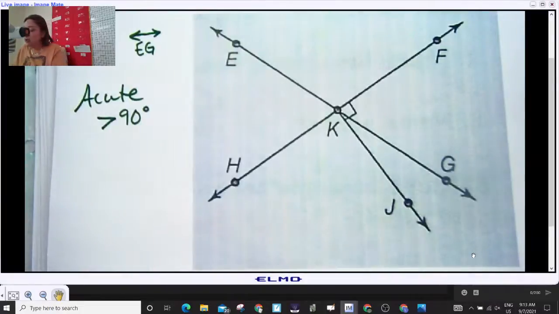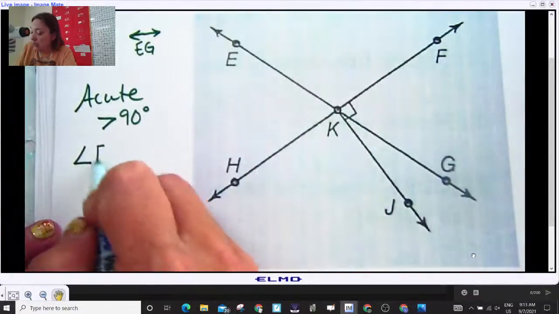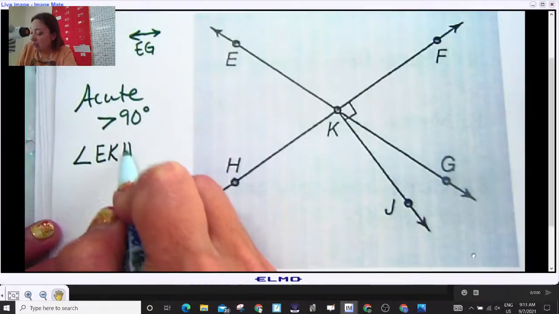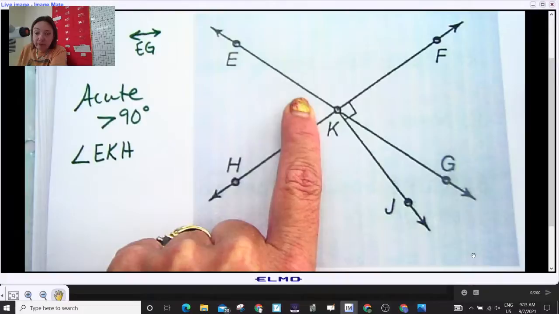So if we're looking at that, which angles appear to be acute that are made by these lines crossing? EKH. So angle EKH, this guy, with what? FKG.